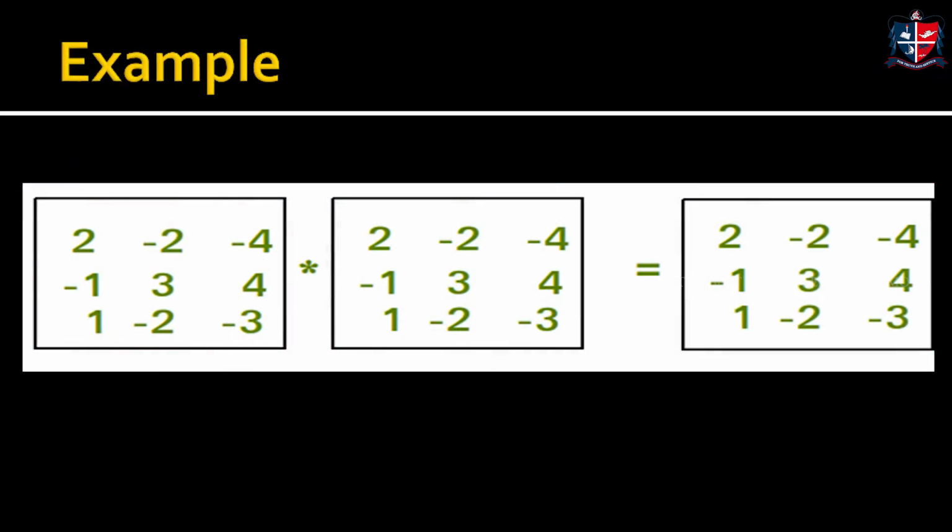I have taken an example. You can do this as an exercise: multiply this matrix with itself by performing matrix multiplication, and we get the same matrix again. You can check whether this is true. So that is the idempotent matrix.